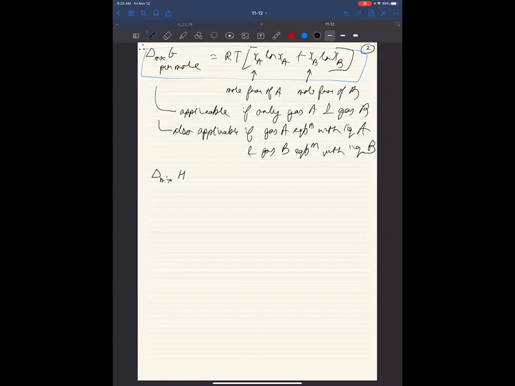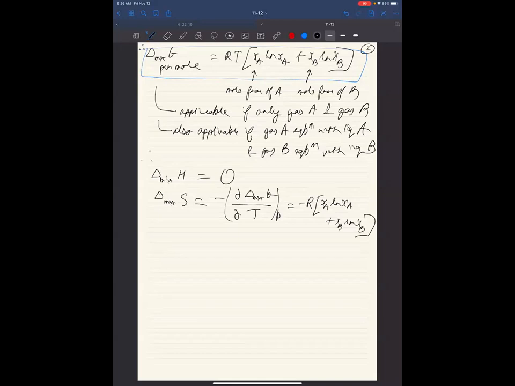There is no difference, right? So you can once again see that delta mixing H is equal to 0 and delta mixing S, which is minus partial delta mixing G by partial T at constant P, is equal to minus R (XA ln XA + XB ln XB). So we get the same equation once again.